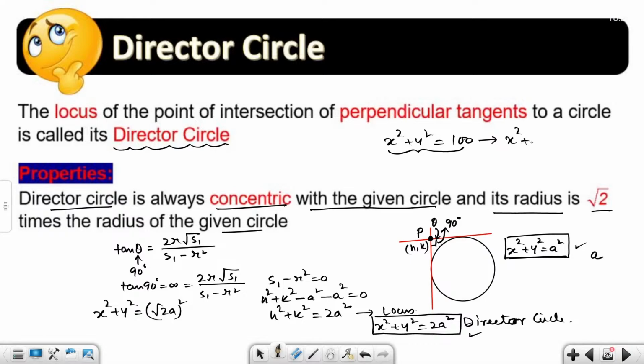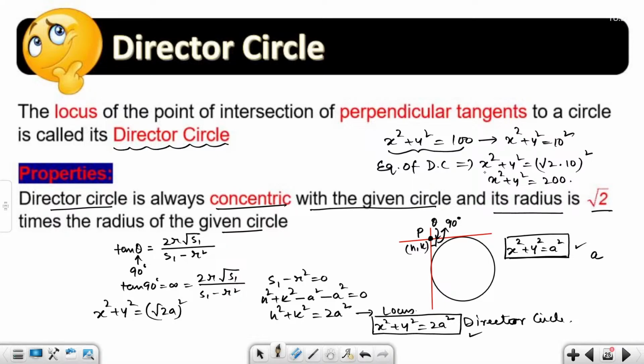The radius of this circle is 10. Is it clear? Therefore, the equation of the director circle will be x square plus y square equals 200. That's it.